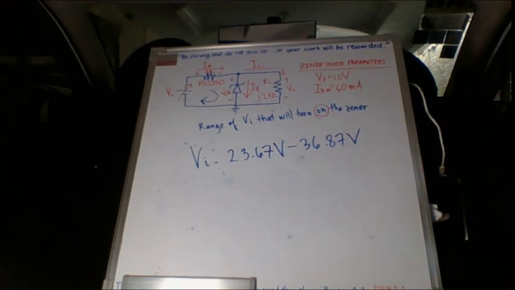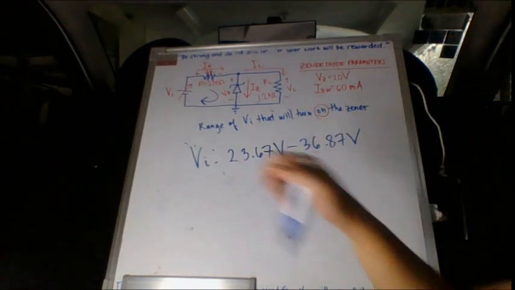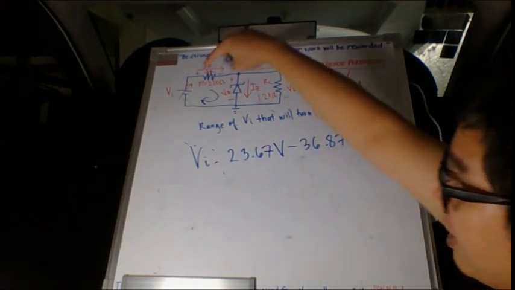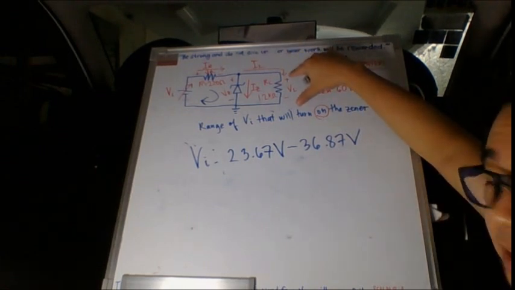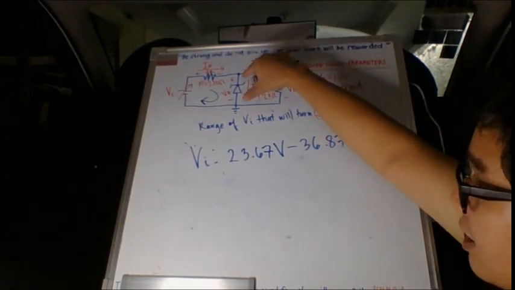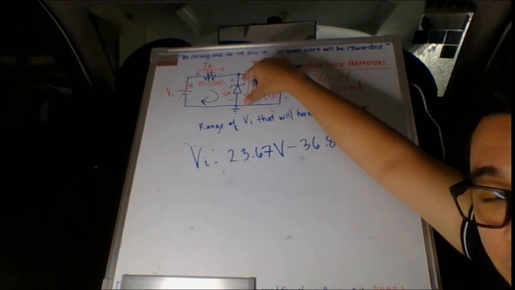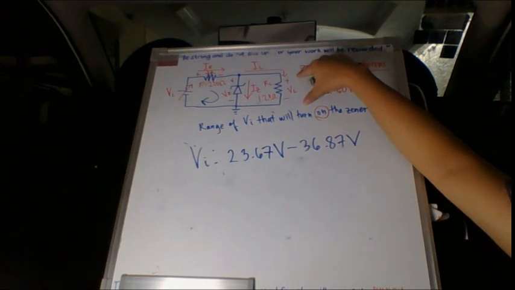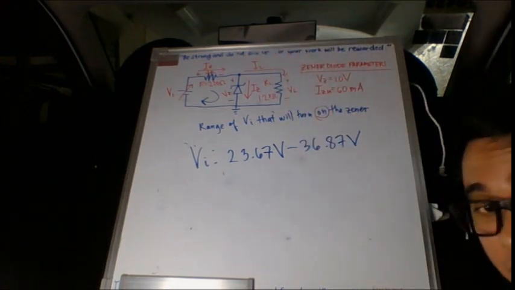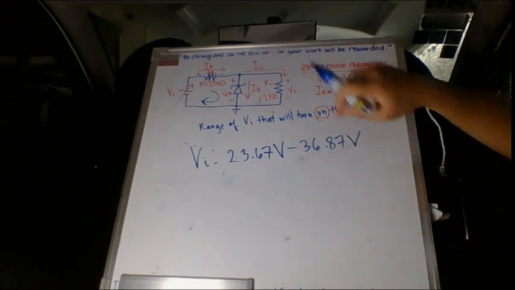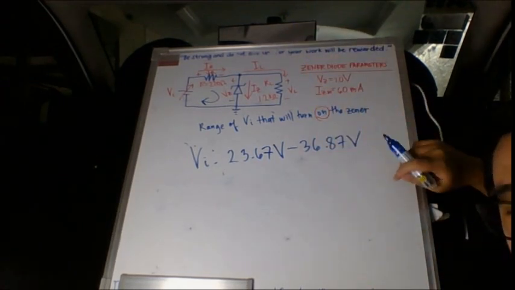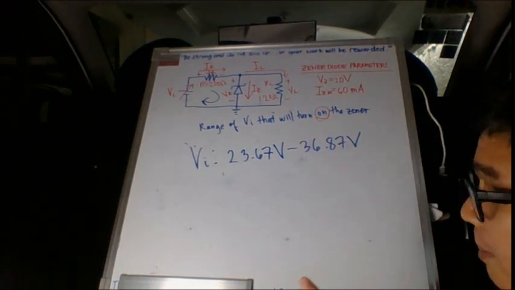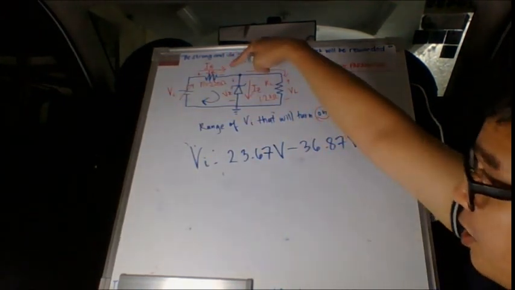Anong mangyari ngayon kapag gumamit tayo ng mas mababang input voltage? Pag gumamit tayo ng mas mababang input voltage, remember meron tayong voltage divider dito. Hindi na maaabot ng ating Zener diode yung nominal Zener voltage dahil mas mababa na yung voltaheng mapupunta sa iyong load. Therefore, hindi siya mag-on, hindi siya mag-regulate. Bakit hindi tayo pwedeng gumamit ng mas mataas dito sa 36.87? Remember, kapag meron kang maximum input voltage, ano yung I sub R natin?